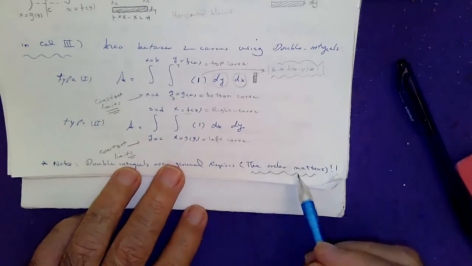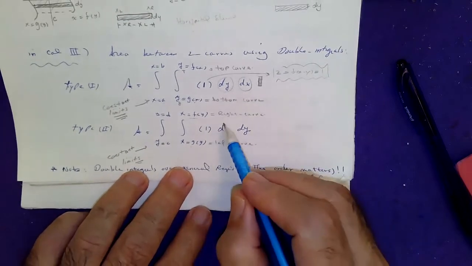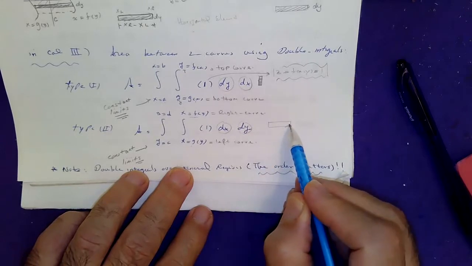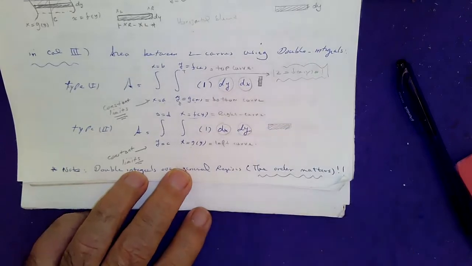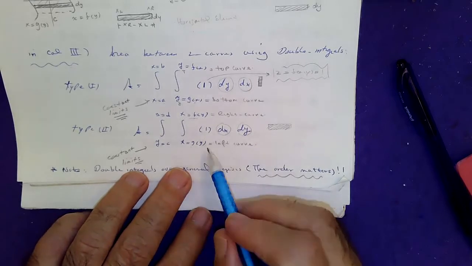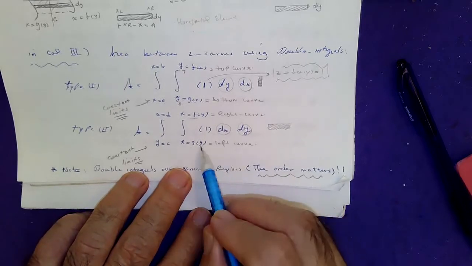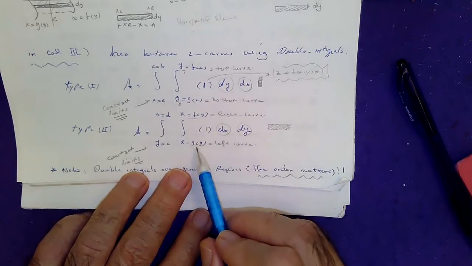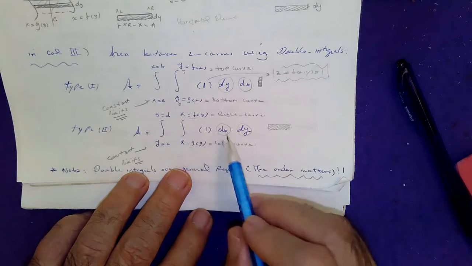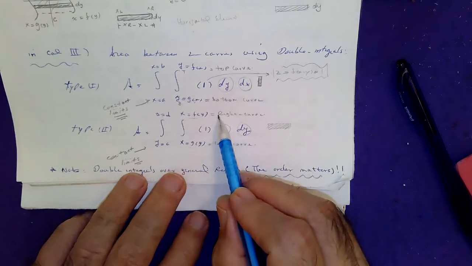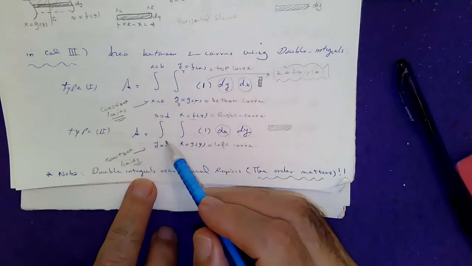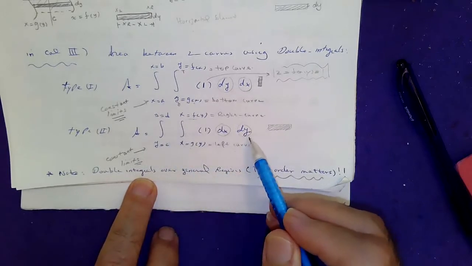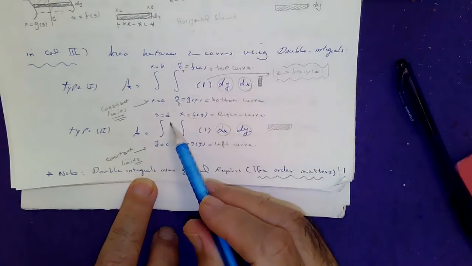However, if you go dx dy, you're taking your element horizontally. So now you go from the left curve all the way to the right curve. In other words, the limits of the inner integral go from left to right, but then again the outer integral will be constant, so these are the limits of y, which go from c to d.